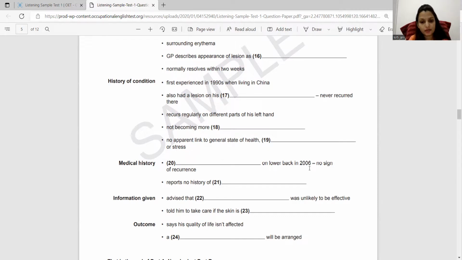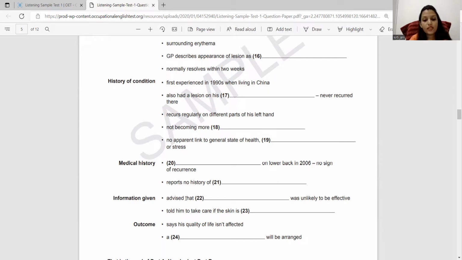Reports no history of dash. So there must be some medical condition, okay, no history of what. Keep in mind that this is a conversation between a dermatologist and a patient. So when you think about the history of something, you can think of something associated with dermatology.